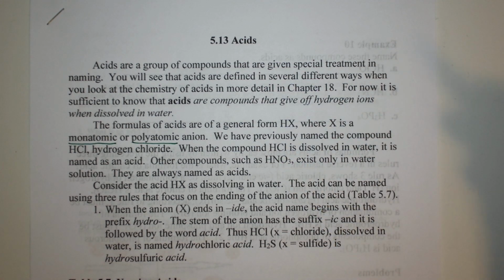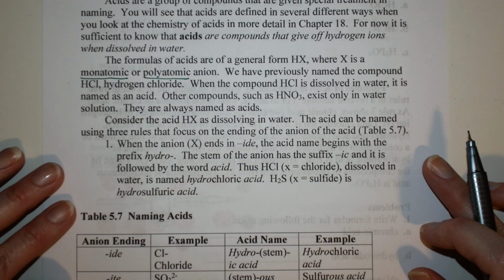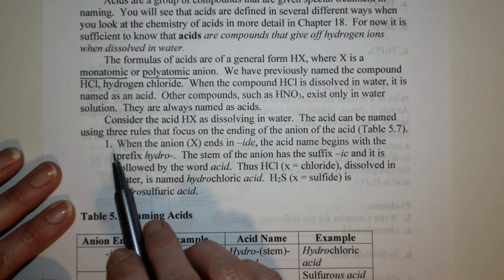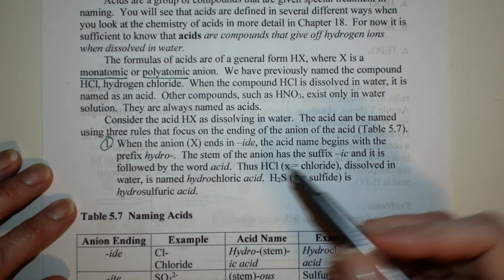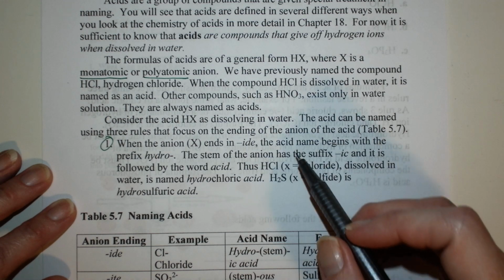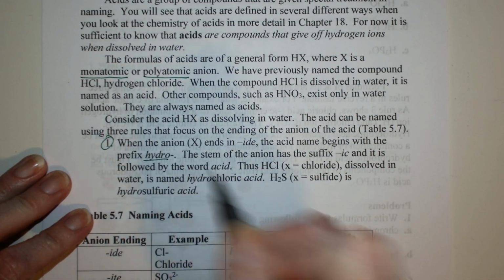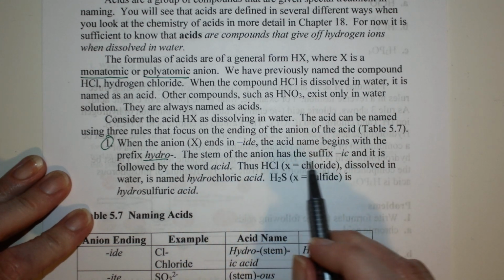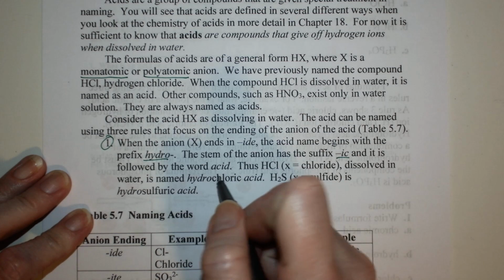That's also an acid. So rule 1 here: when the anion ends with "ide," like chloride, the acid name begins with the prefix hydro. The stem of the anion has the suffix "ic," and it is followed by the word acid.